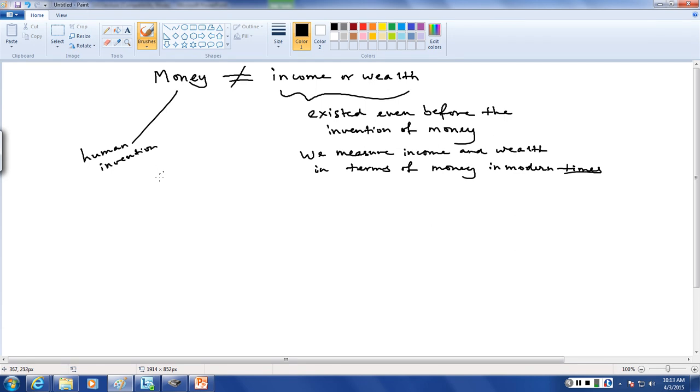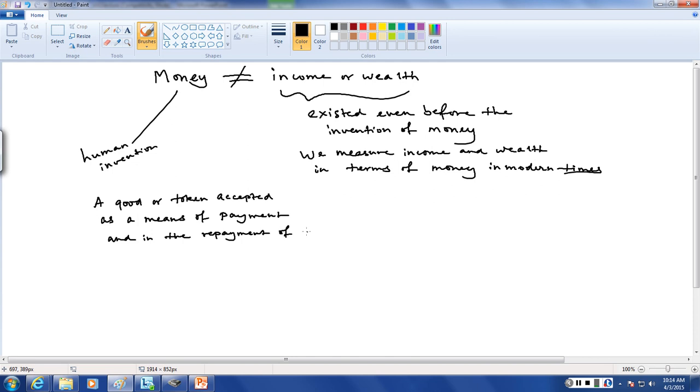It's typically defined as a good or token accepted as a means of payment and in the repayment of debt. I'm going to replace the word good here with commodity.